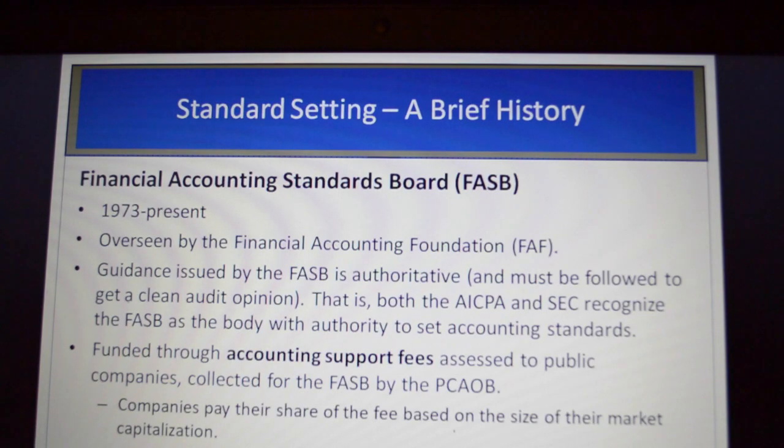Funded through the accounting support fees assessed to public companies collected for the FASB by PCAOB. Companies pay their share of the fee based on the size of their market capitalization. The PCAOB is also funded through these accounting support fees.